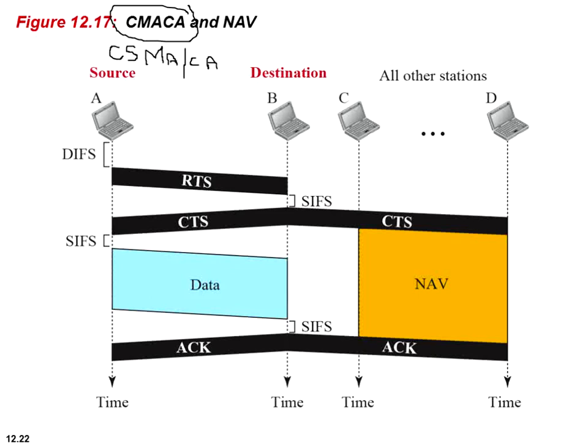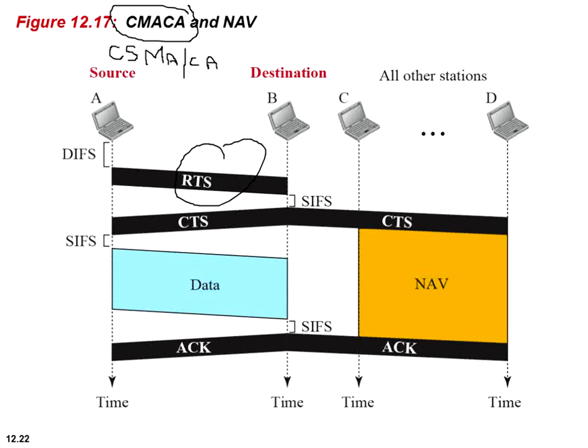So when a station sends an RTS frame, as you can see, it includes the duration of time that it needs to occupy the channel. The stations that are affected by this transmission create a timer which is known as the Network Allocation Vector, that is NAV, that shows how much time must pass before these stations are allowed to check the channel for idleness.